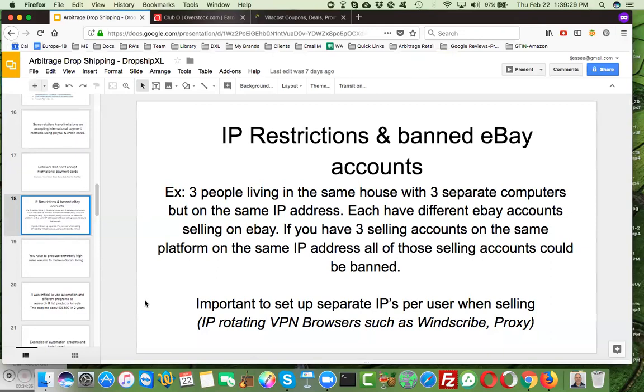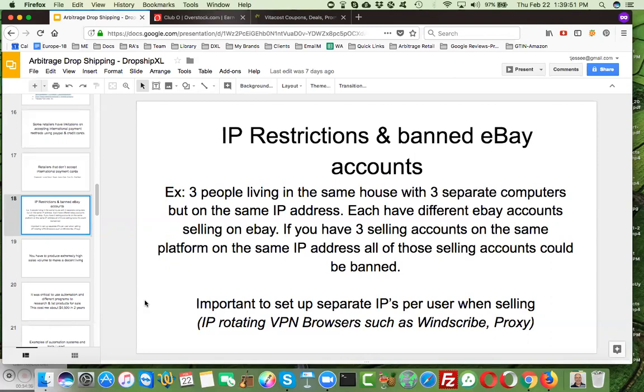That is possible. But the moment you do that, all the accounts are linked, and they are forever linked. Which means that, let's say, in the same house there are 3 brothers, and each one of them is selling on eBay.